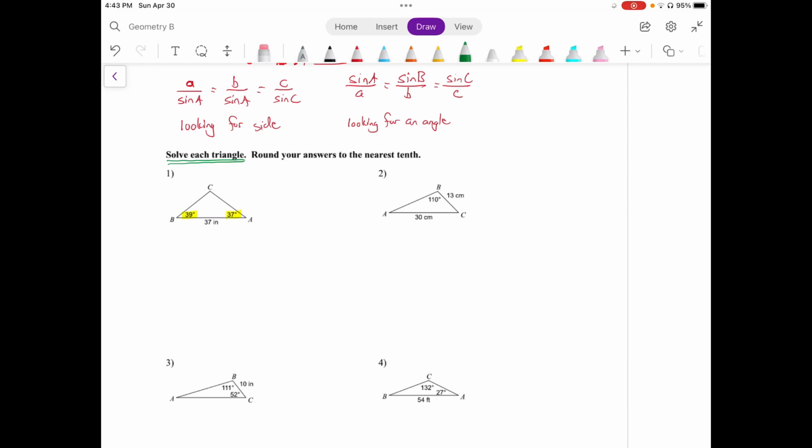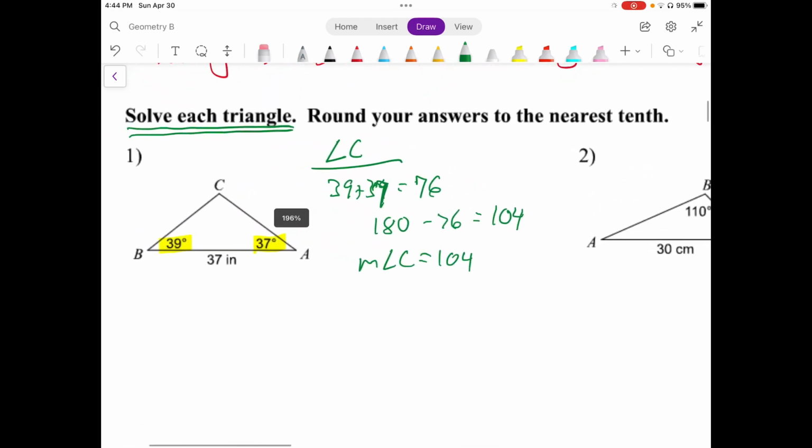We start off pretty simple by finding the missing angle, angle C. We can take 39 plus 37, and that is 76. Then we can do 180 minus 76, which gives us 104. So angle C is 104 degrees. Nothing new there. We've done that many, many times: we find the missing angle if we know two of the angles.